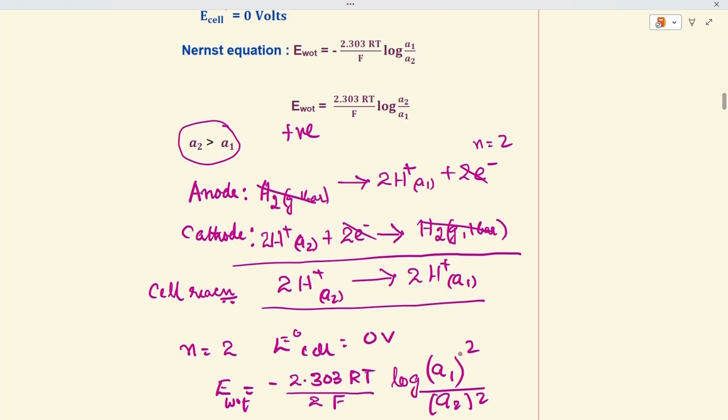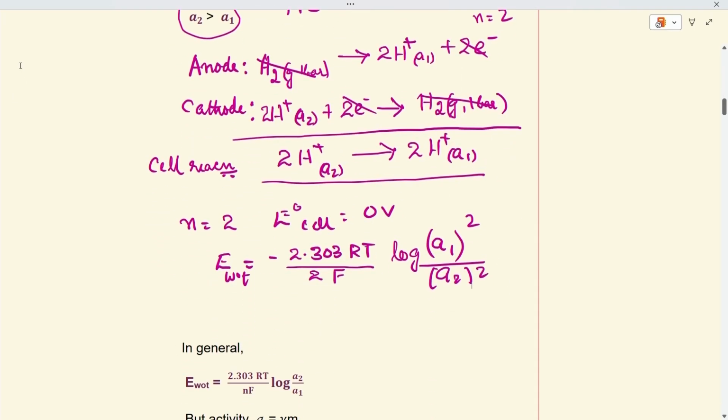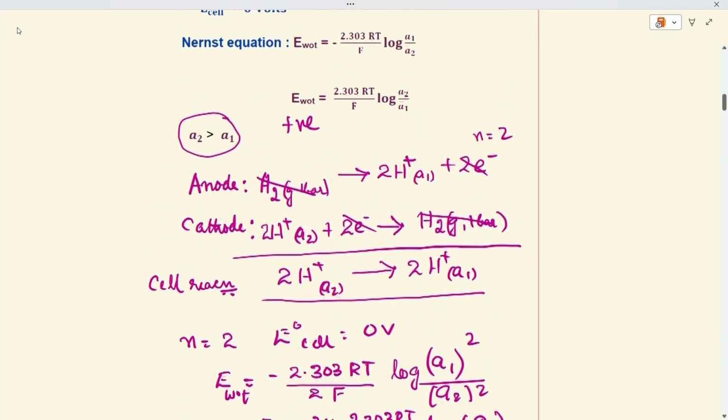Okay. So, this square goes to the power, that is equal to minus of 2 into 2.303 RT by 2F log A1 by A2, right. This 2 and 2 will get cancelled, and finally, you will get the same expression.